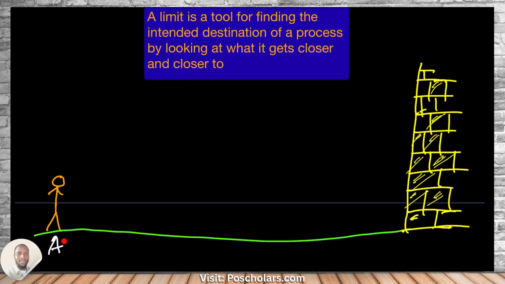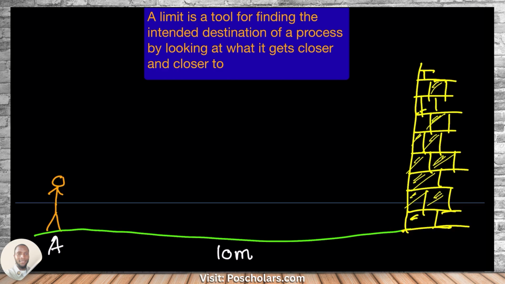Let's say the distance between point A and the wall is 10 meters. Now, remember the rule. Adam will continue to walk half the journey.